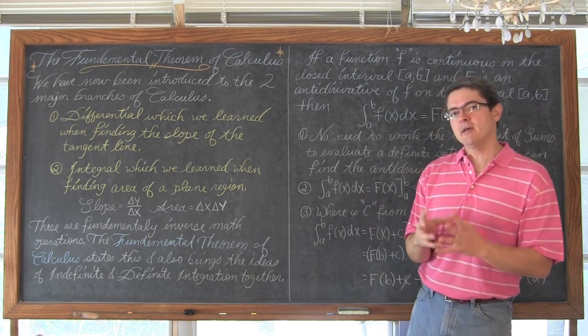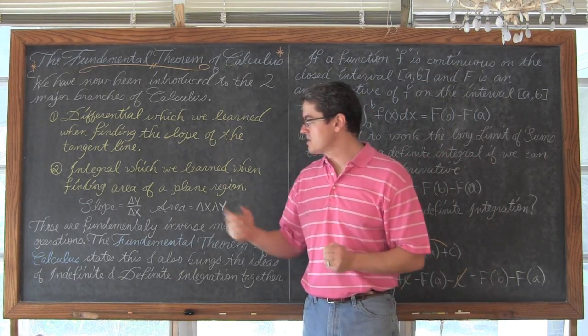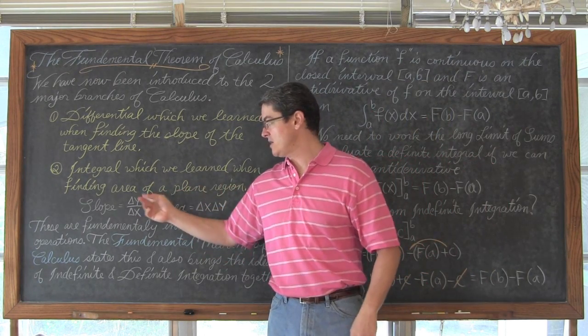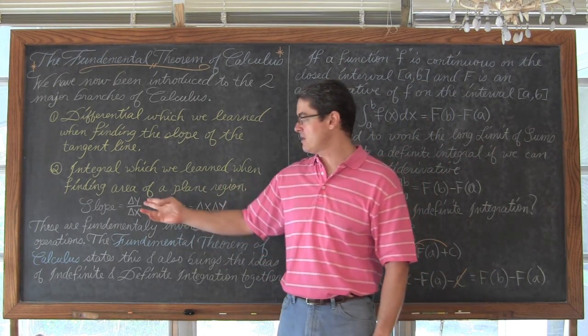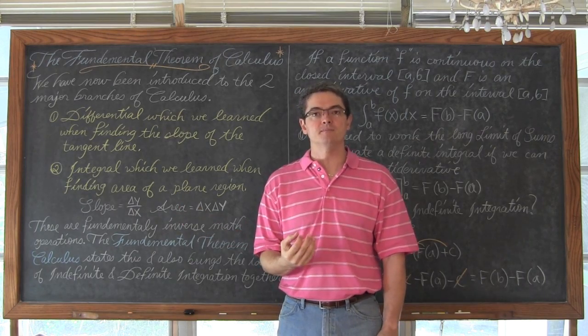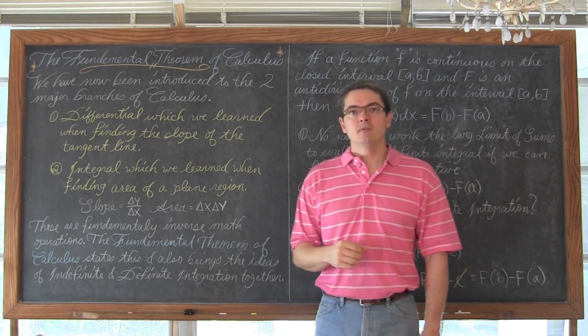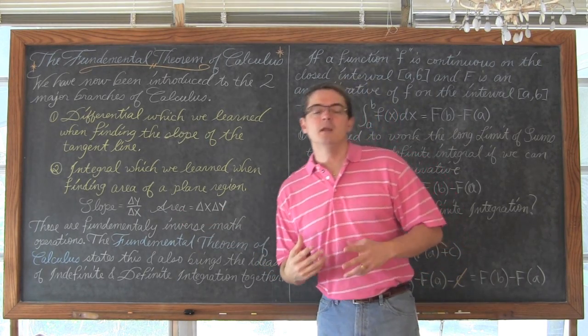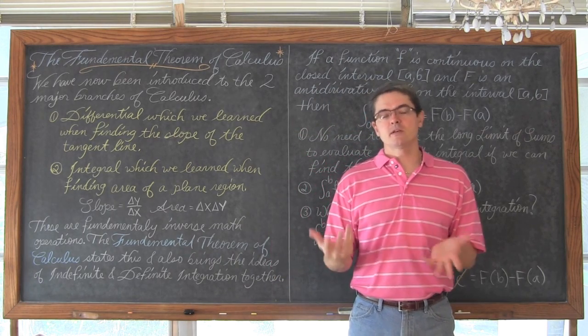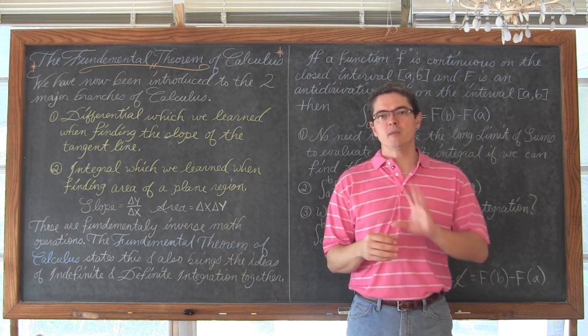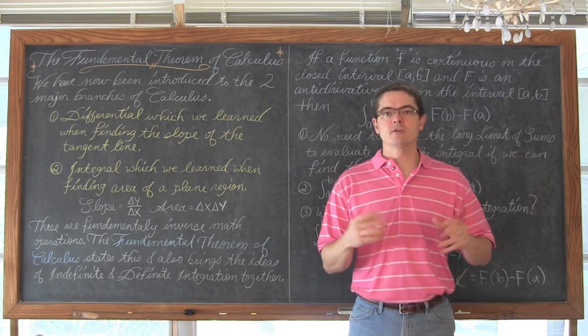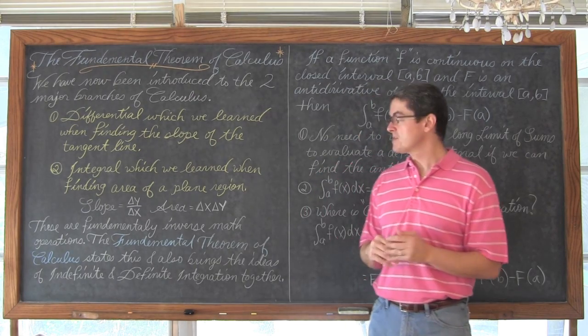Now, in its most fundamental, simplest ideas, slope is rise over run, or change in y over change in x, and we see that that's basically a function of division. Area, well, if you think of area, we used rectangular shapes in our studies of developing those partitions within that closed interval of a function and an axis.